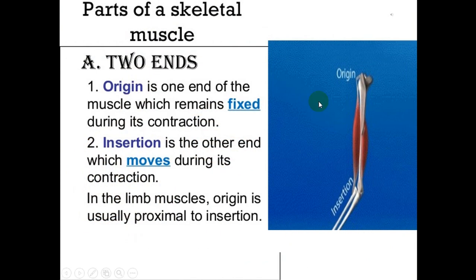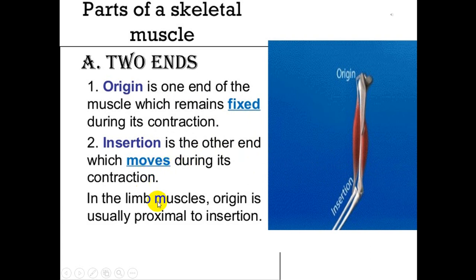Discussing the parts of skeletal muscle, it has two ends. The origin is usually the proximal part of a skeletal muscle, and most of the time it is the fixed part during contraction, while the other end is the insertion point, which is on the bone after the skeletal muscle has crossed a joint, and this part is the movable part during contraction.